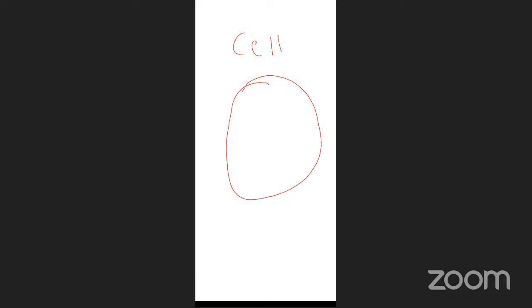This is the outer cell wall, and except the cell wall, the remaining portion is called the plasma membrane. Okay, this is the plasma membrane. And next, the cytoplasm.